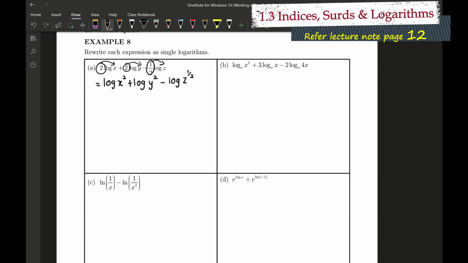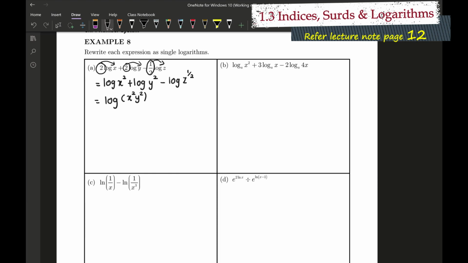And then, plus, minus. What happened to it? We need to use the properties. Obviously, product will become sum, and the sum here will become product, and the minus here will go down below, meaning it will become the denominator. So here, log, these two will become x square, y square.